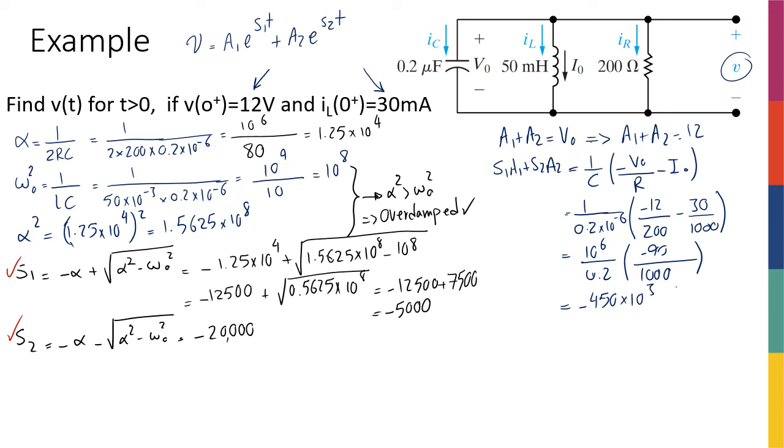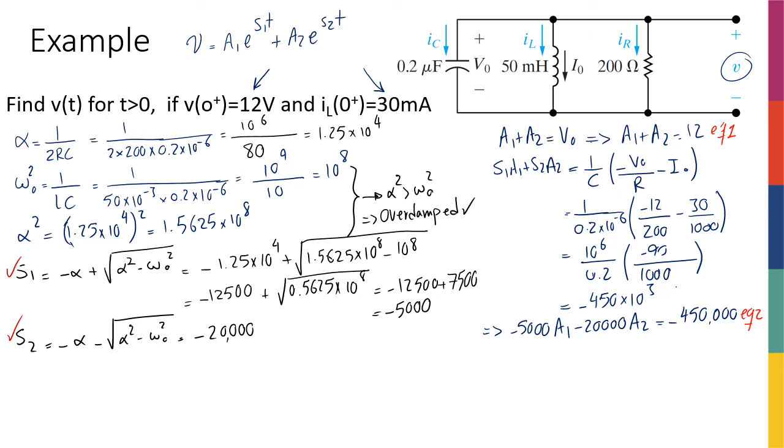Okay, so basically S1 was negative 5,000 times A1 plus S2, which is negative 20,000 times A2 should be equal to negative 450,000. Okay, so I have equation number 1 and equation number 2. Once you solve these two, you're going to find your A1 and A2.